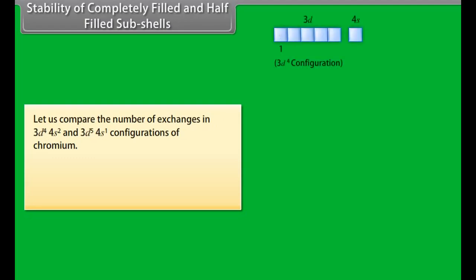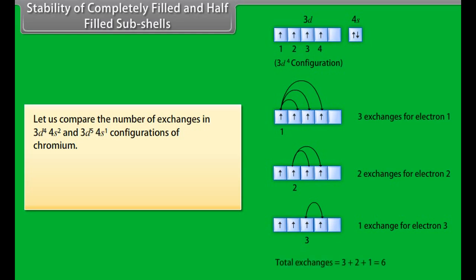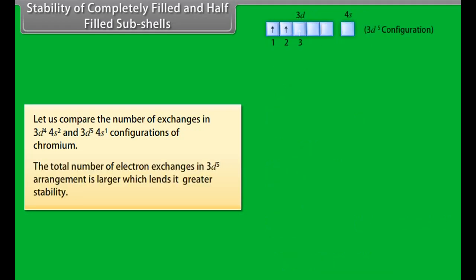Let us compare the number of exchanges in the 3d4 4s2 and 3d5 4s1 configurations of chromium. In the 3d4 arrangement, electron exchanges are 6, which implies that there are 6 possible arrangements with parallel spin. The total number of electron exchanges in the 3d5 arrangement is larger, which lends it greater stability.